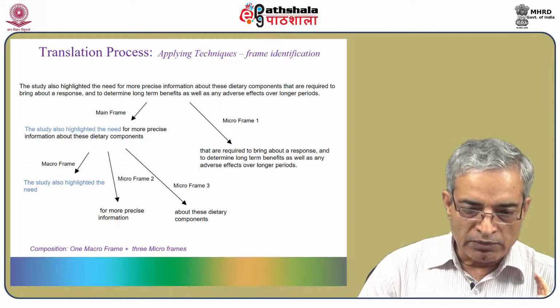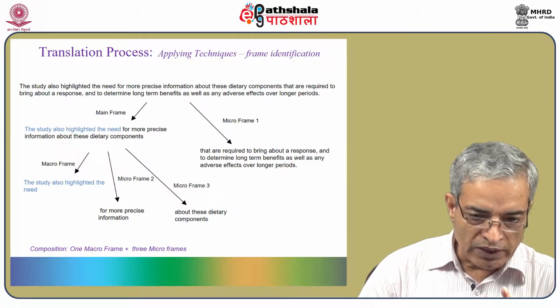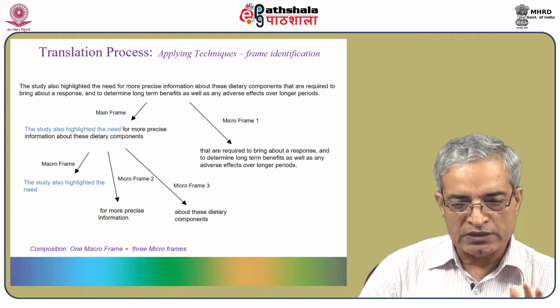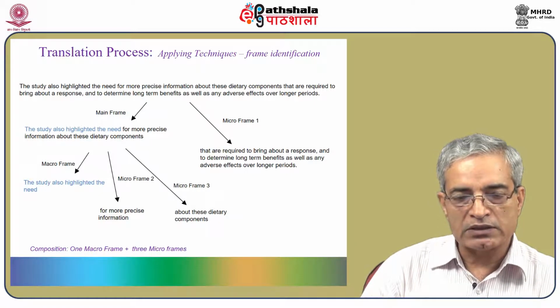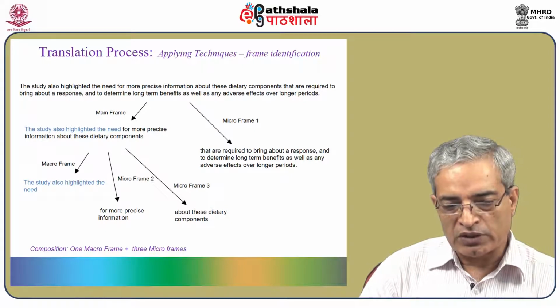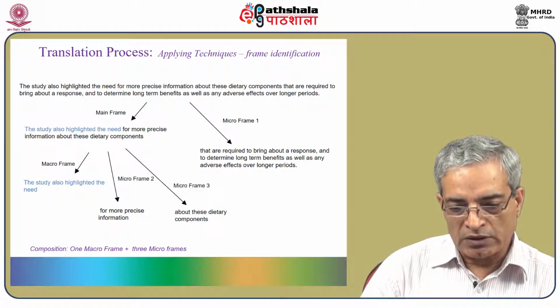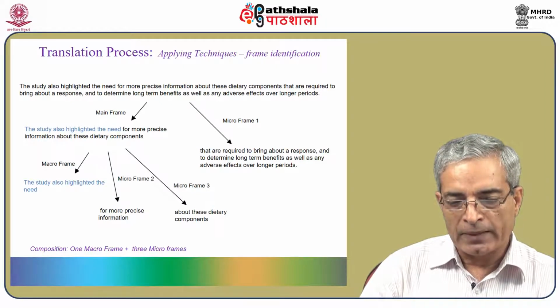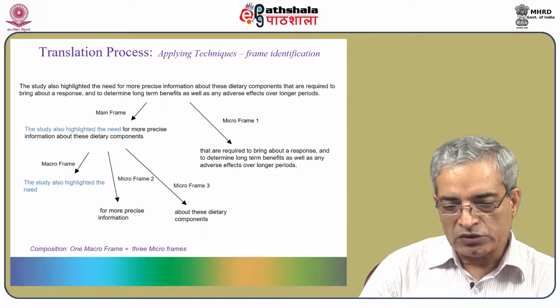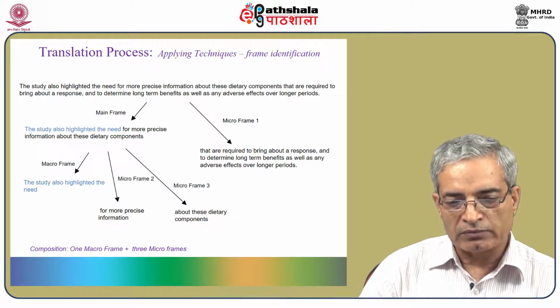Now, in the mainframe, the study also highlighted the need for more precise information about these dietary components. There are some components that can be taken as microframe, which are far more precise information about these dietary components. These are microframe 2 and microframe 3. The balance, that is, the study also highlighted the need, is the macroframe.